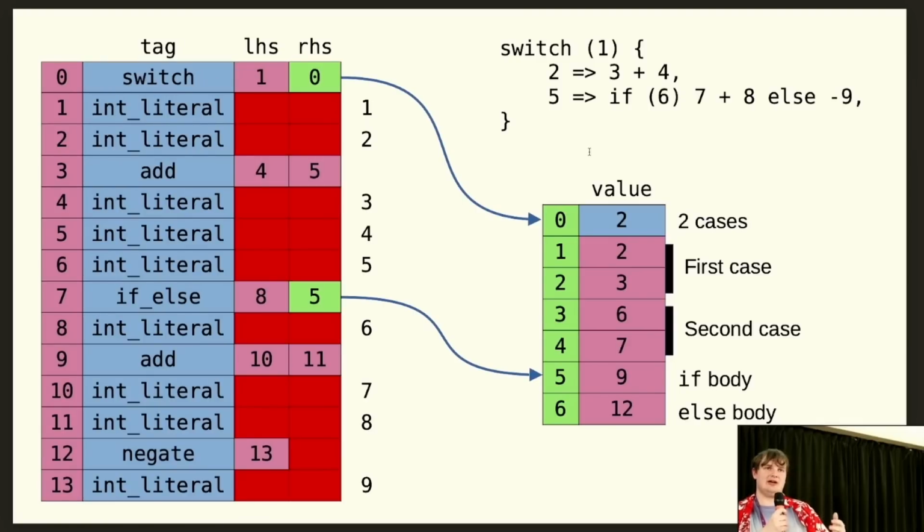That then tells us how much more data to expect. And a bit later down, like index 5 and 6 in the extra data, that's separate data being used for the if-else. So it shows that all of this data is just packed in together, and the numbers by themselves don't mean anything. You couldn't iterate that array and do anything meaningful with it. It only means something when you have the context of, for instance, switch making a reference to it.